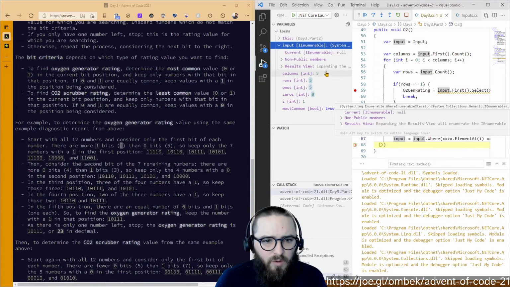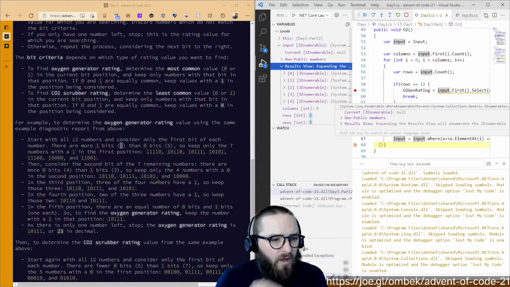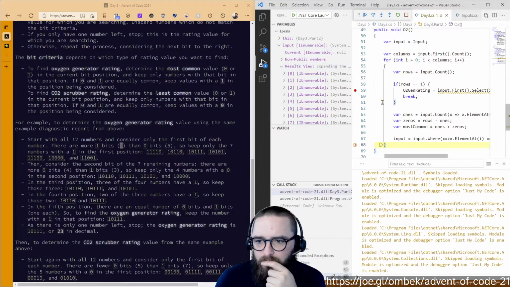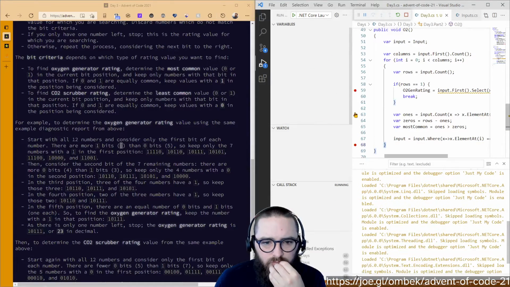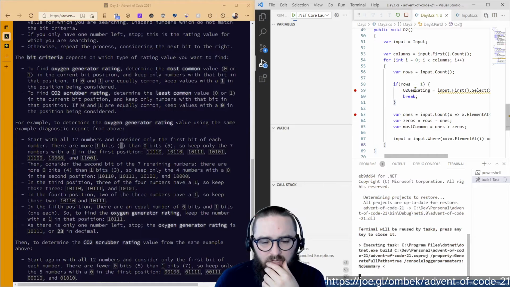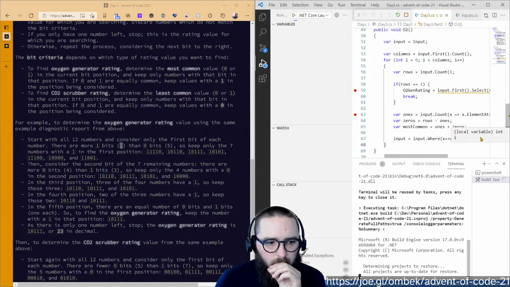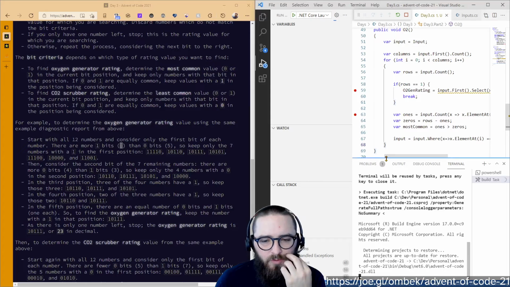The input is now 5. Yeah, that's not right. It's never actually getting to one row because I'm not filtering them out properly.